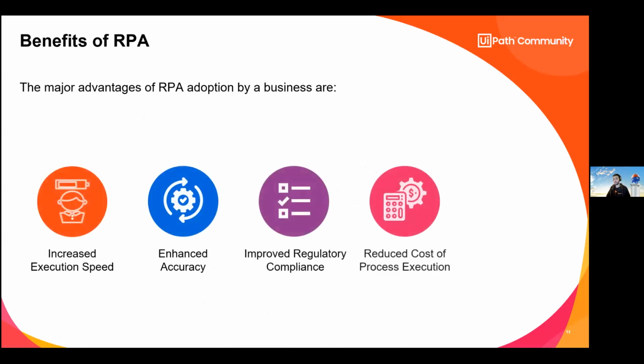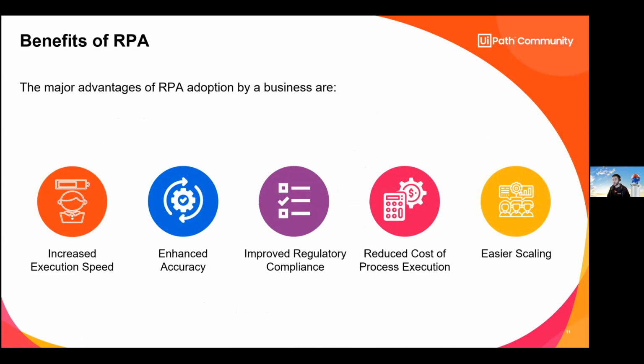But what are the main benefits of actually using or adopting RPA in a business? We have increased execution speed because robots work faster than us. We have enhanced accuracy because robots don't tend to make the same mistakes that we do, for example, like typos.